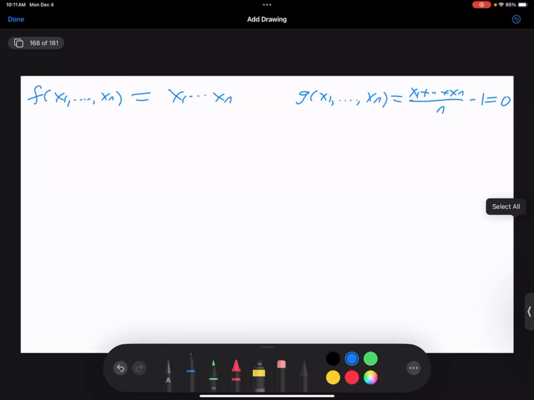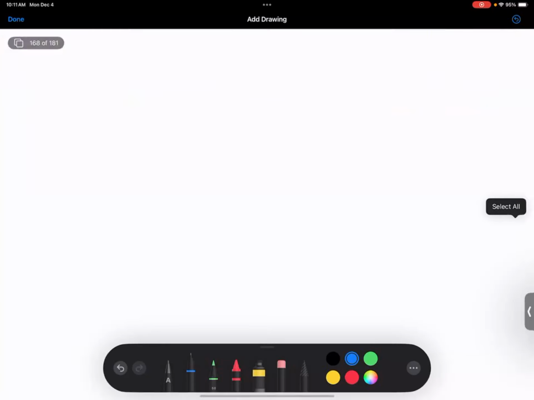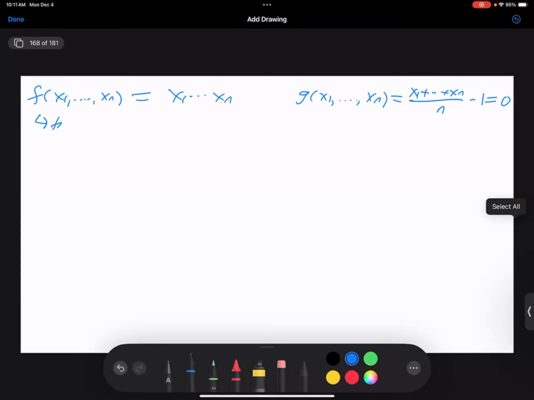What do you always look at? The distance would be the square root of (x minus a) squared plus (y minus b) squared plus (z minus c) squared. You don't want a square root. Rather than the distance, you look at the square. So this might be a little bit easier. Take the nth root later.